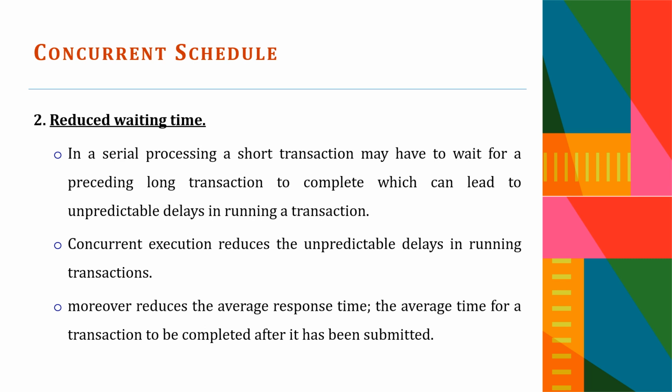So though the transaction is a short one, it has to wait for the preceding long transaction to complete. But concurrent execution reduces the unpredictable delays in running transactions. Moreover, it reduces the average response time, the average time for a transaction to be completed after it has been submitted.